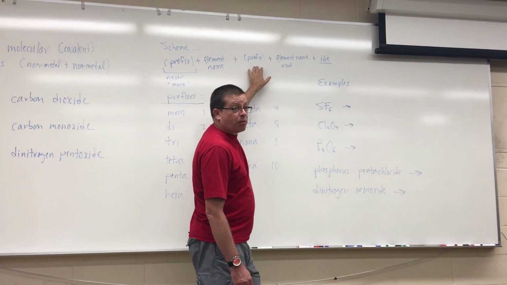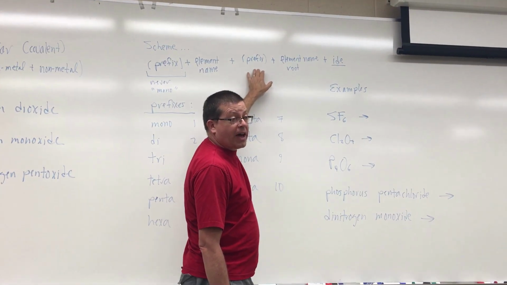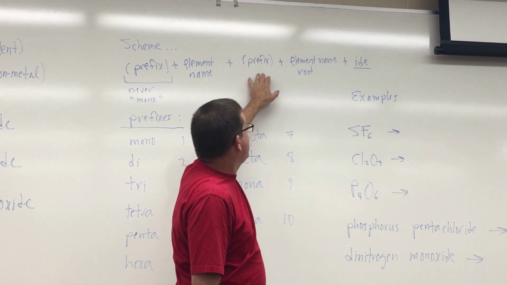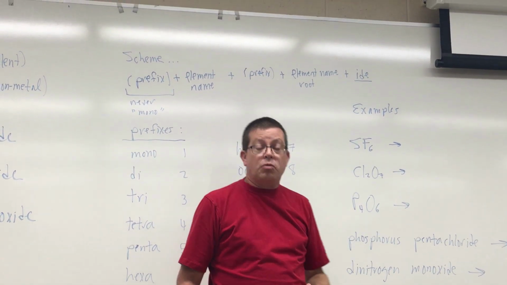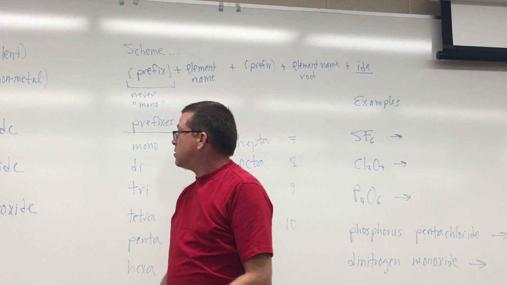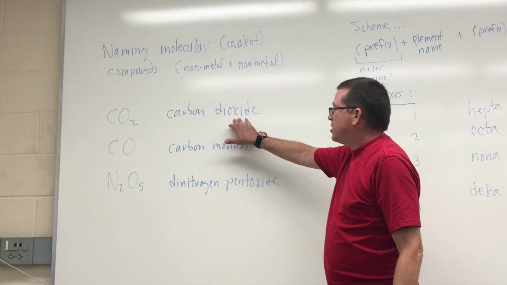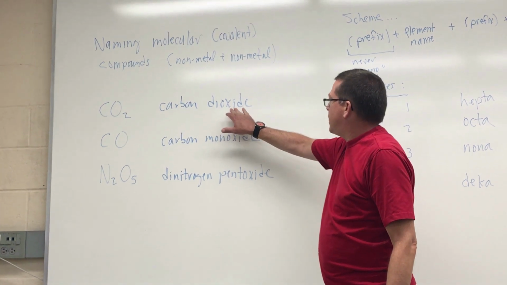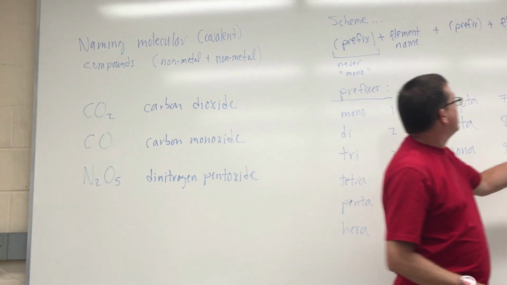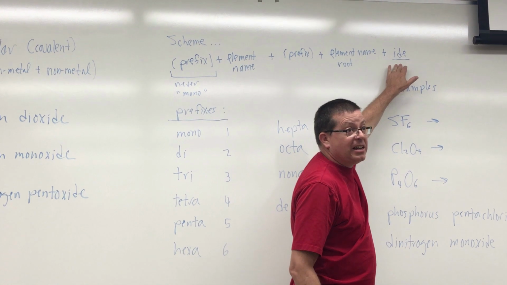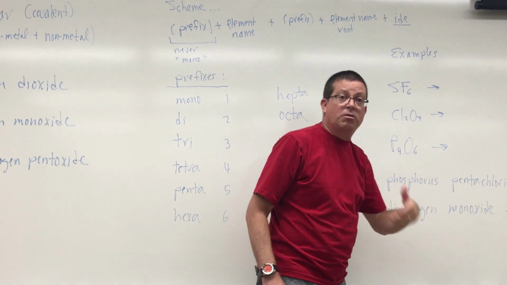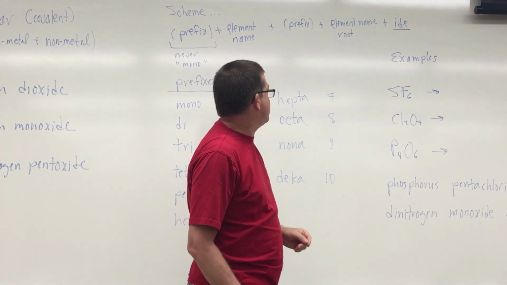Then we use a second prefix to denote the number of atoms of the second element that we need. And then we use the element name root. So in our case over here, instead of calling this carbon dioxygen oxide, we call it dioxide. So it's the element root plus the IDE suffix. These will always be named with an IDE at the end.